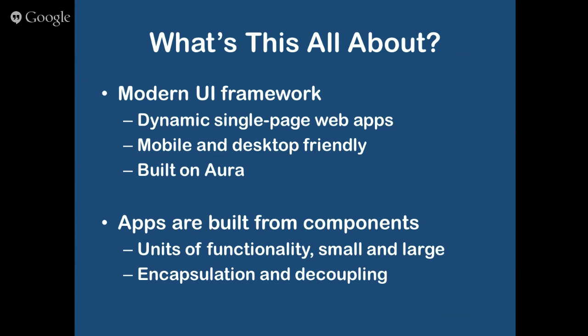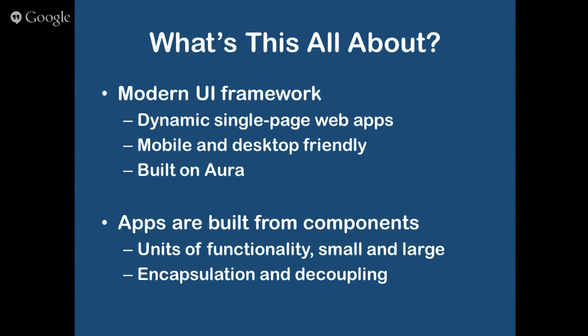So what is this all about? What is the Lightning component framework? It's a modern UI framework designed for building single-page web applications. It's currently in beta, has been in beta since its announcement last fall, but it has production quality features, so it is completely usable right now. It's mobile and desktop oriented.